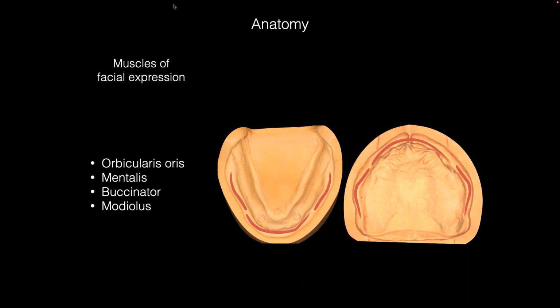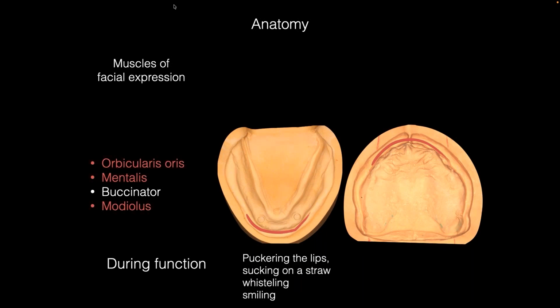That is because in those cases, the denture does not interact well with these muscles. During function, puckering of the lips, drinking something through a straw, whistling, or smiling, these muscles operate very close to the denture. So we need to capture them in operation.